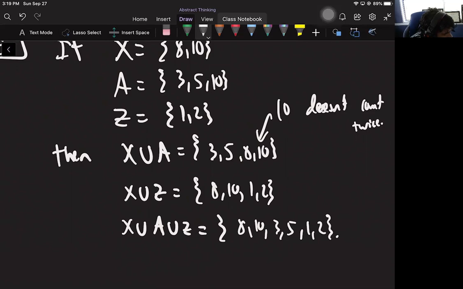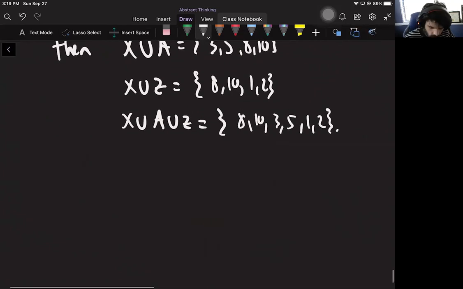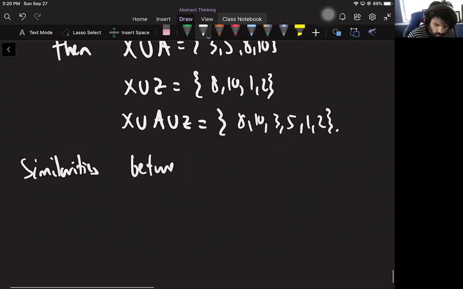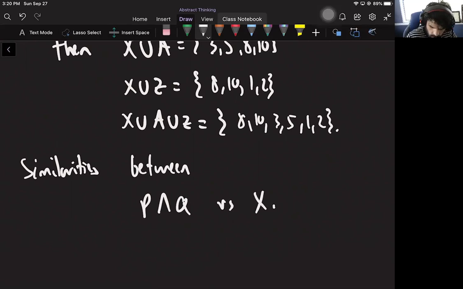Okay. So that's going to be it for today. What I want you to realize is that there are similarities, which we may have time to explore. I don't really know if we will. There are similarities between, we've already seen this, P and Q versus the intersection of two sets, and P or Q versus the union of two sets.